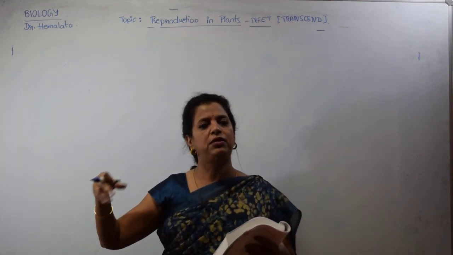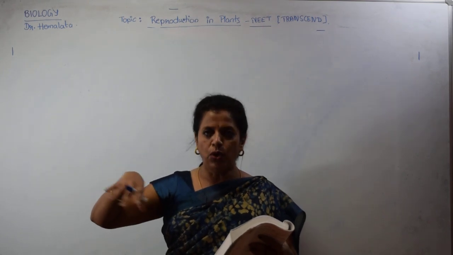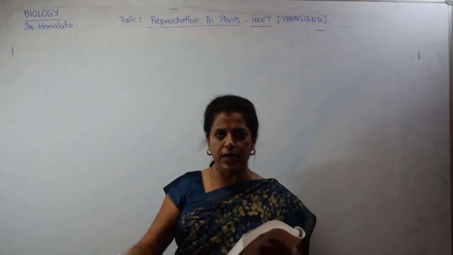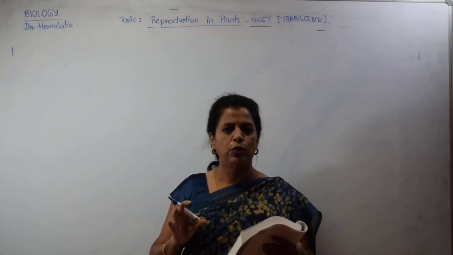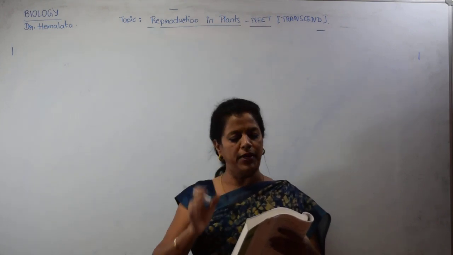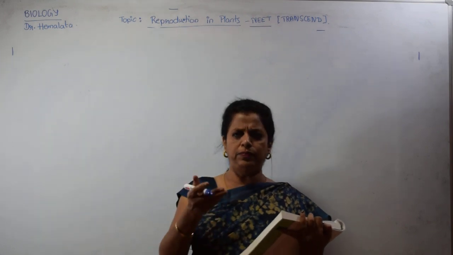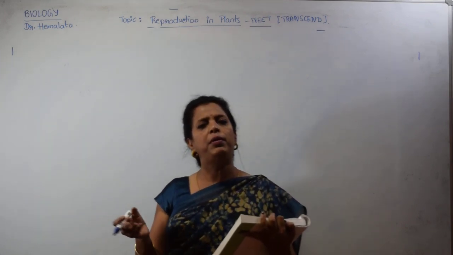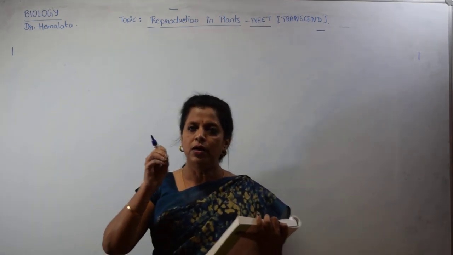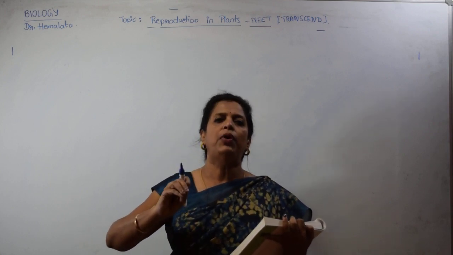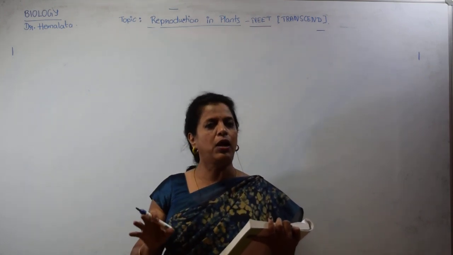After pollination and fertilization, the whole of the female inflorescence comes down and produces a fruit. Therefore, it is a 100% water pollinated plant. Then Hydrilla. Hydrilla may be in your labs. Hydrilla is a normal water pollinated plant. It is a totally aquatic plant.